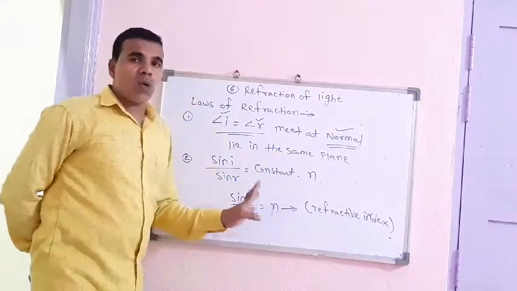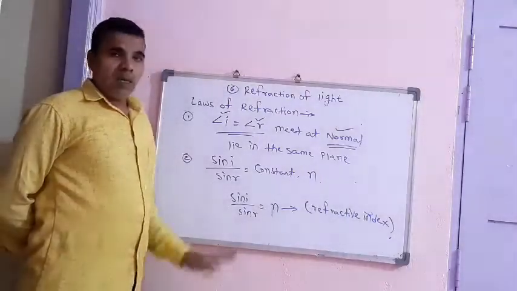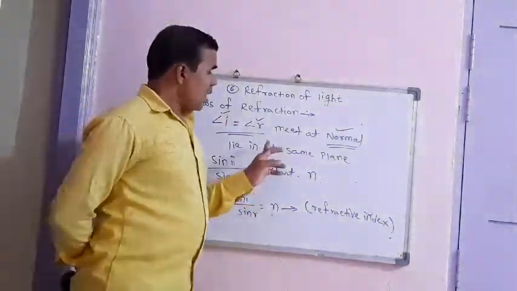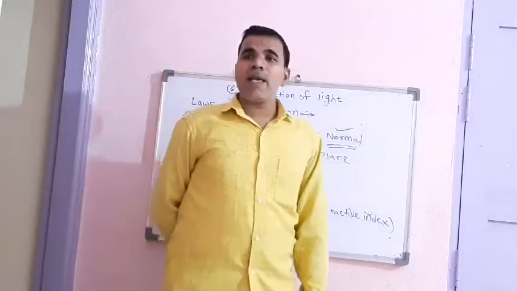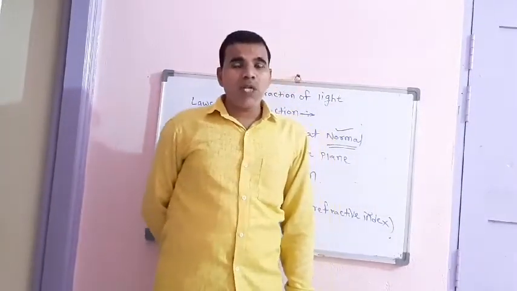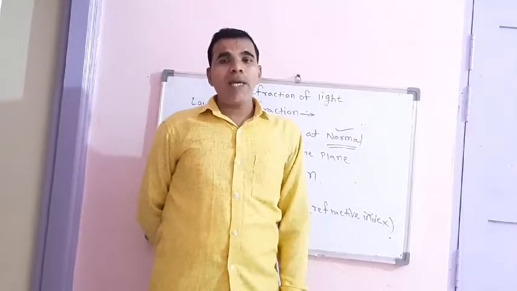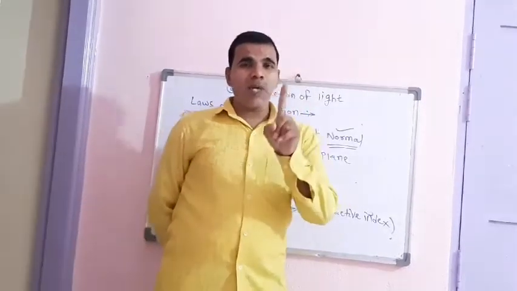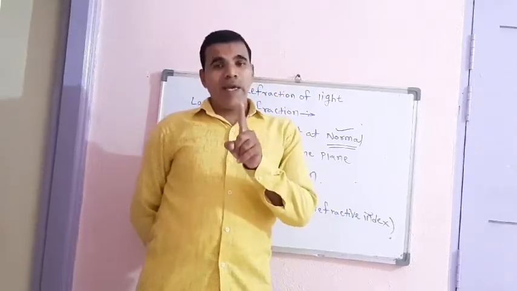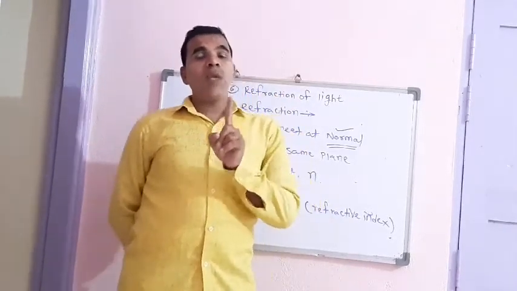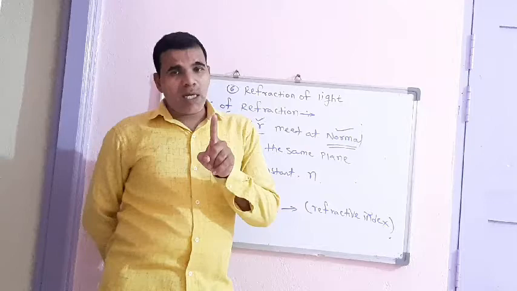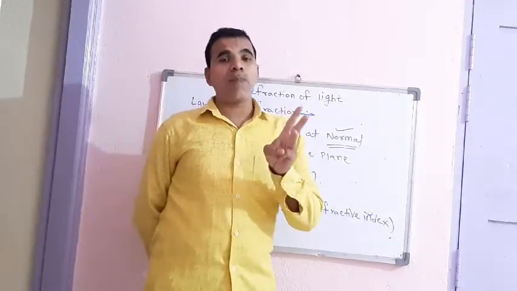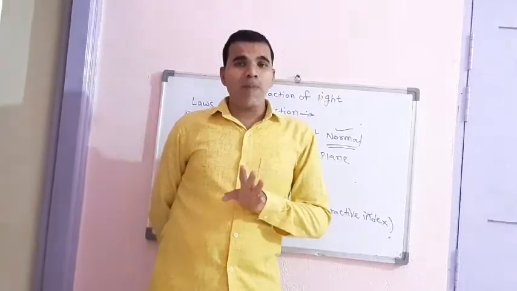So these are the two laws of refraction. The first law is that the angle of incidence and the angle of refraction are opposite to each other and meet at a normal, and the incident ray, refracted ray and normal lie in the same plane.